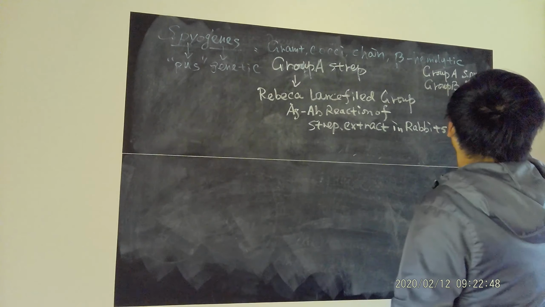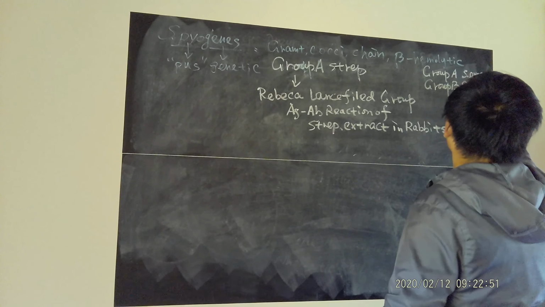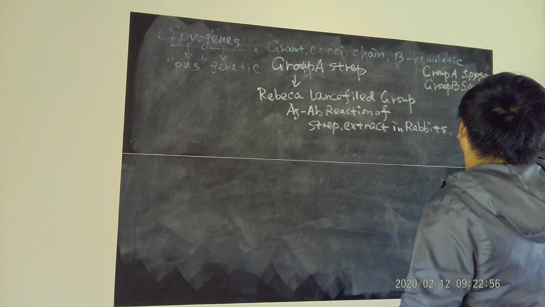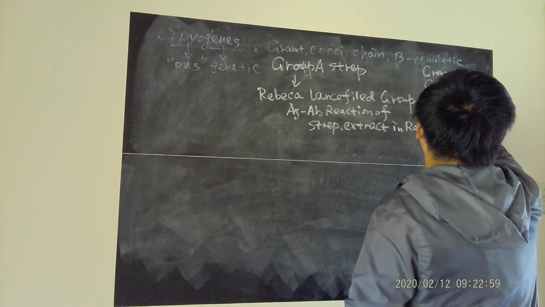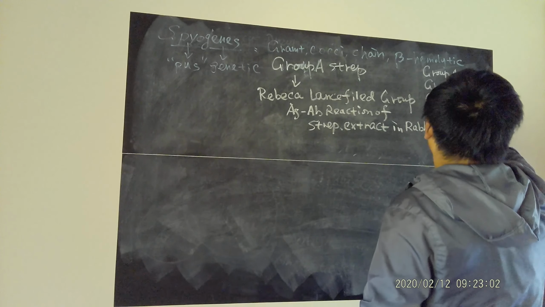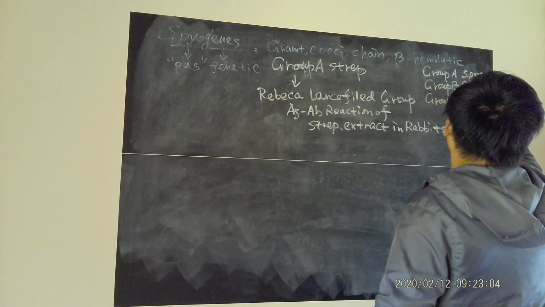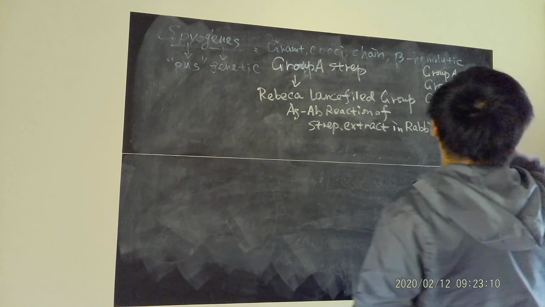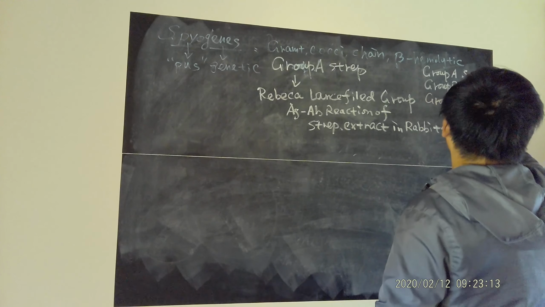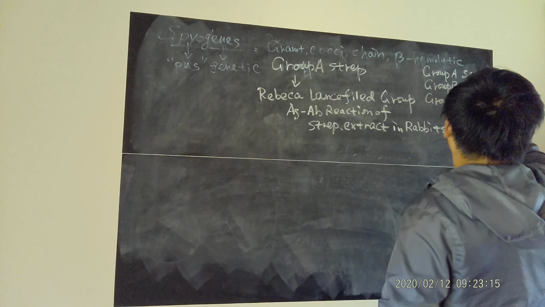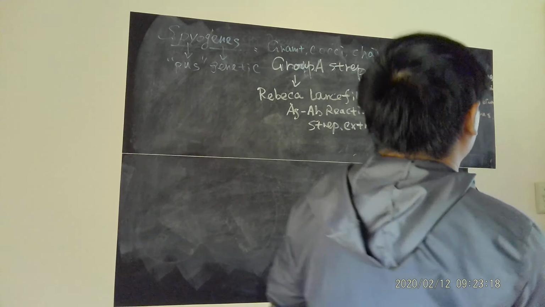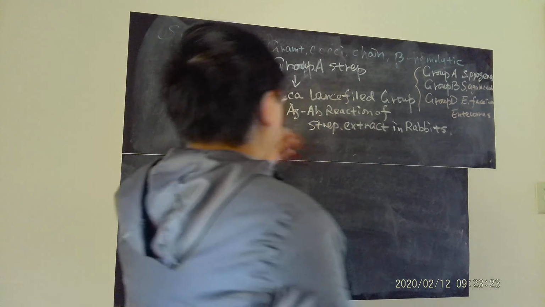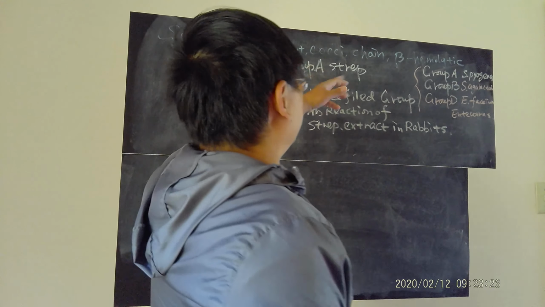And group D is Enterococcus faecium. That is an example. We want to mention something later on about group A strep.